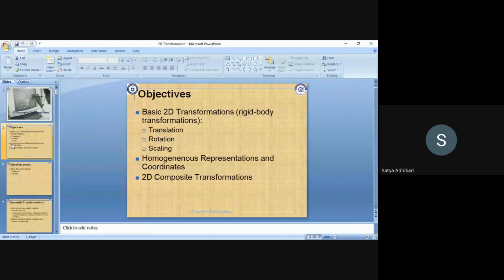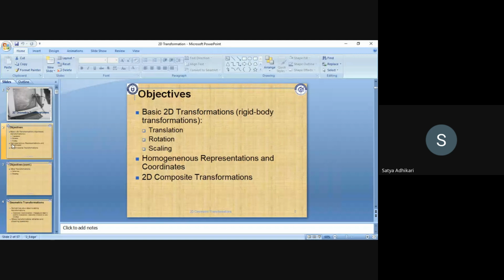2D transformation, which is known as two-dimensional transformation. As the name suggests, transformation means you have to transform an object from one form to another form.